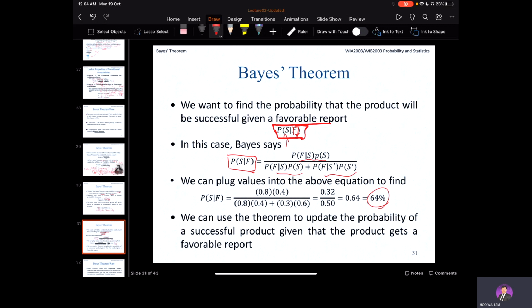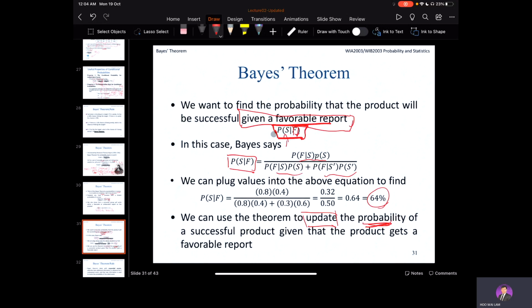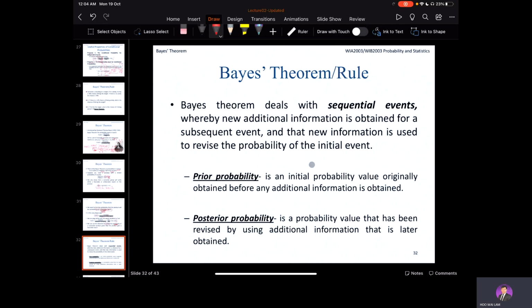So given the favorable report, the chances of success are increasing. And this is what we call updating the probability, because you are getting a favorable report. If you see the difference, highlighted again, you go from P(S), the probability of success, to the probability of success with more information.